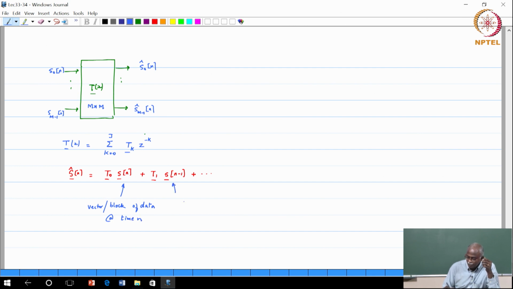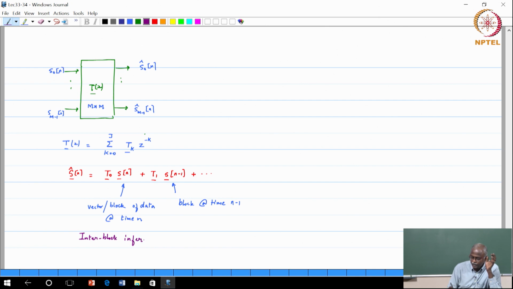This is the block at time n minus 1, and so on and so on. So if I now ask you to tell me how to eliminate inter-block interference, there is another term in multi-carrier systems where we say I want to eliminate inter-block interference. Inter-block interference means S hat of n should not have any dependence on S of n minus 1.